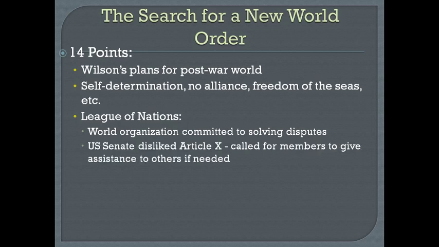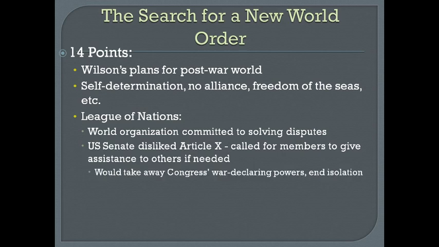However, the U.S. Senate disliked a clause part of the League of Nations, which was Article 10, and this clause called for members to give assistance to others if needed. And a lot of people didn't like that because not only would it take away Congress's powers to declare war, but most people wanted to stay an isolationist country. They didn't want to get involved where it wouldn't really benefit them.